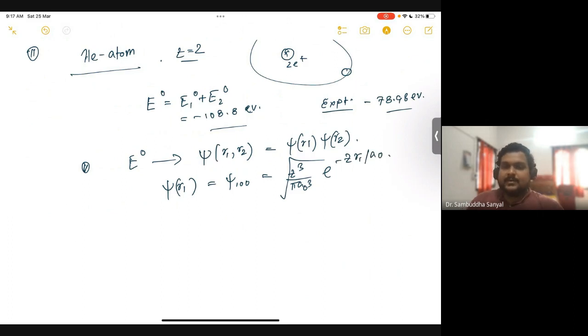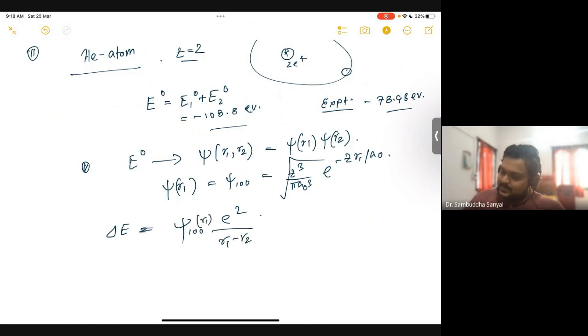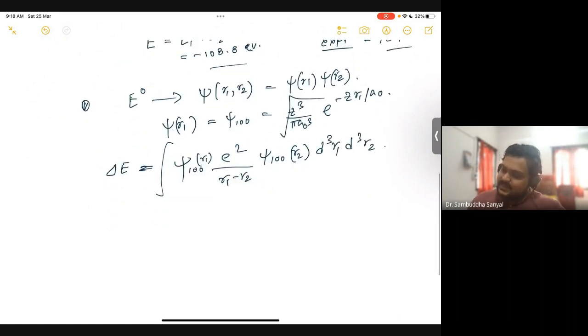Now with this ground state, if I estimate the energy correction using perturbation theory, I have to calculate simply this: the integral of psi 100 of R1, e squared over the magnitude of R1 minus R2, psi 100 of R2, d3R1 d3R2.